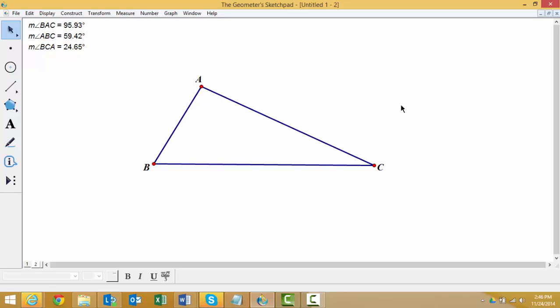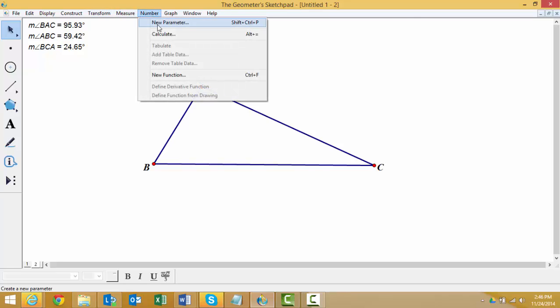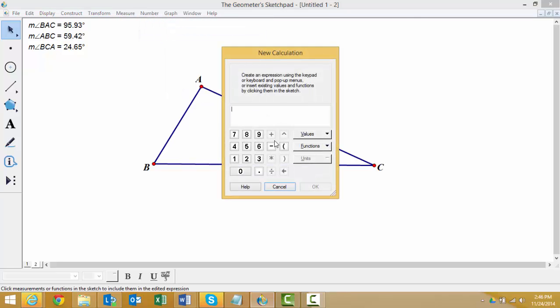So then since we are going to trisect these angles, I want to find out the third of each one of these angles. So I'm going to calculate that angle divided by 3.